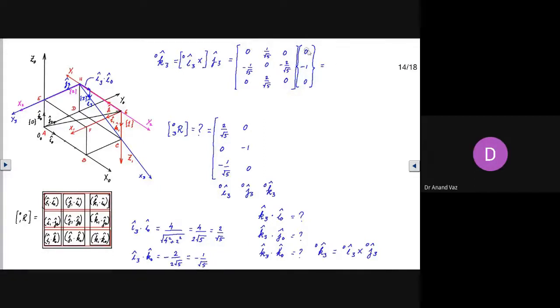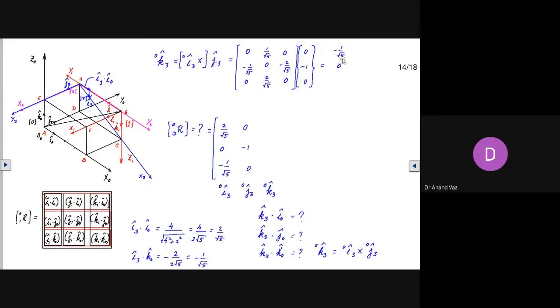That is 0 into 0 minus 1 upon root 5 into 1. So here you will get minus 1 upon root 5 plus 0. Here you get 0, 0, 0.